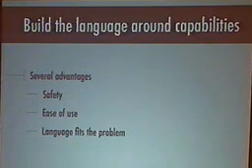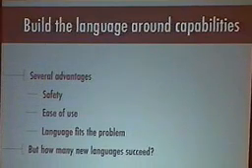And you can make a language that actually is aimed at capabilities, and has exactly the right properties, the right syntax, so that capabilities fit neatly into it. But the trouble with new languages is that very few succeed. You can have a lot of fun writing them, but hardly any take off.